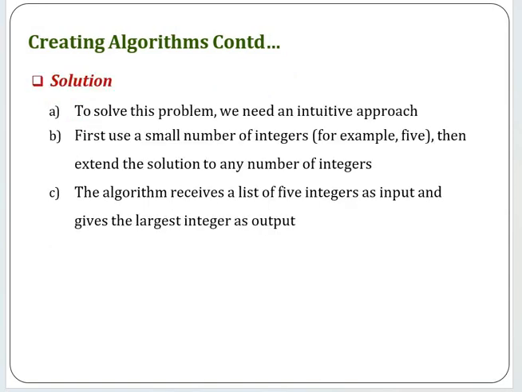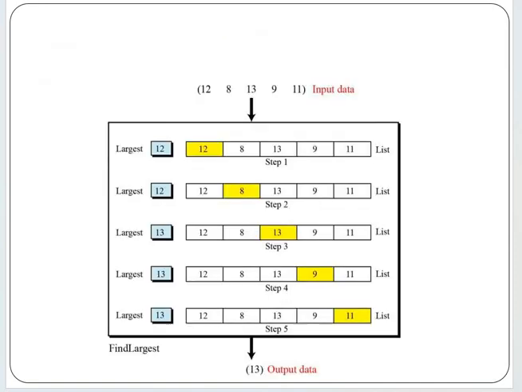To solve this problem, we need an intuitive approach, right? First use a small number of integers, for example 5, then extend the solution to any number of integers. The algorithm receives a list of 5 integers as input and gives the largest integer as output. I have said the same example earlier.